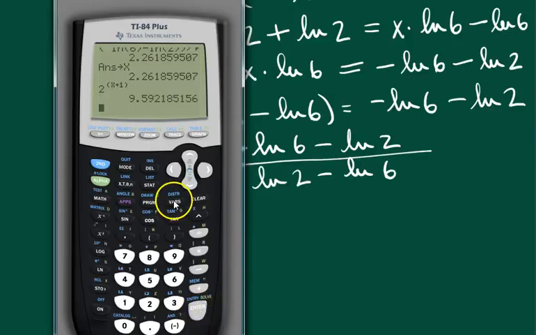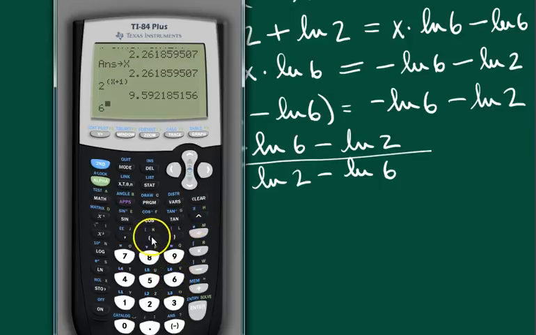I get 9 something or other, and then 6 raised to the power x minus 1. Close paren and move my cursor, and there we are. So we have our solution.